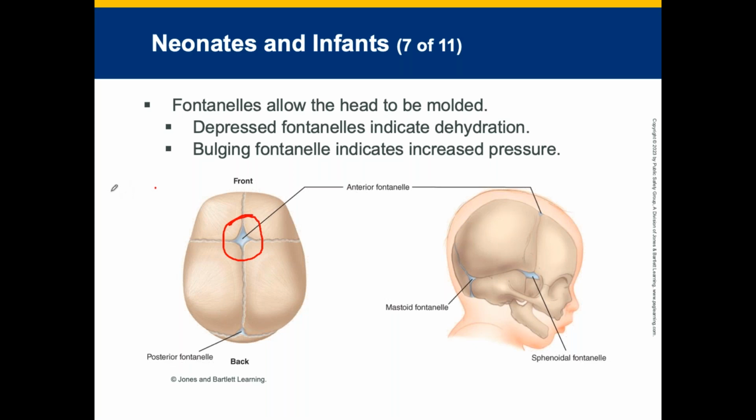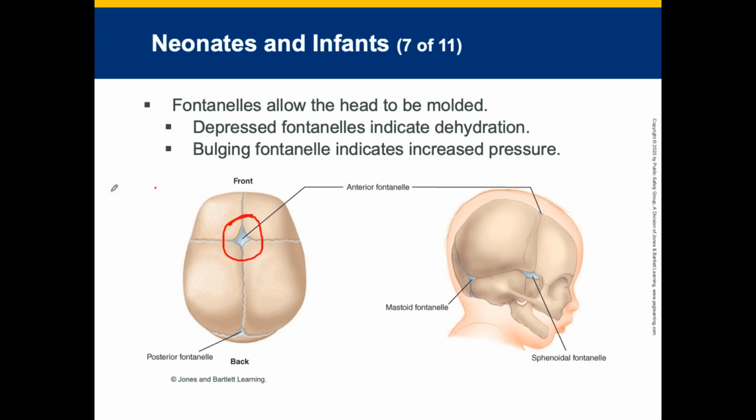What are some things we can tell? If it's bulging, you have ICP, or if it's concave, then dehydration. Exactly. So if we have an infant, and here comes some of the pharmacology stuff, which we're going to be covering in the next chapter anyway.